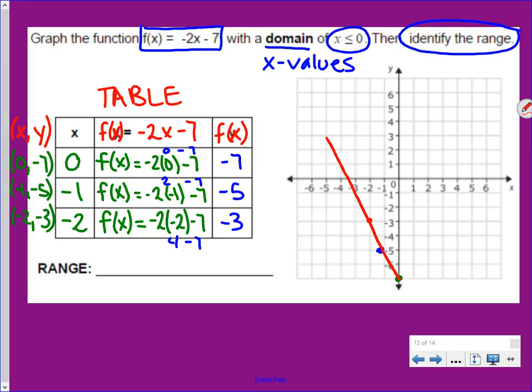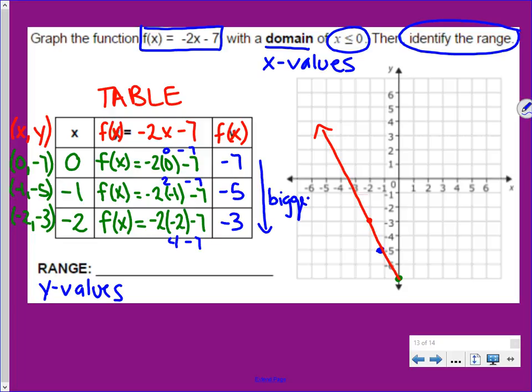Now, last piece is we want to identify our range, our y values. So if we look at our y values, we start at negative 7. And are we getting bigger than negative 7 or less than negative 7? If we look, we're getting bigger. As we go to our next x value, the y values get bigger.